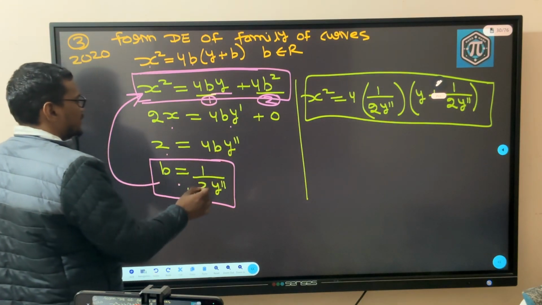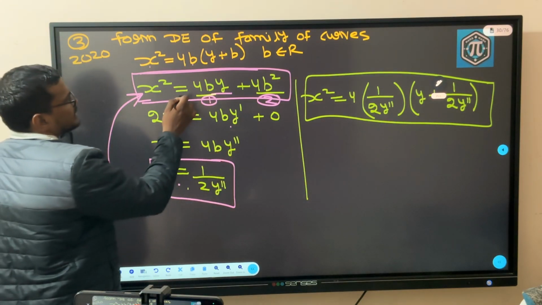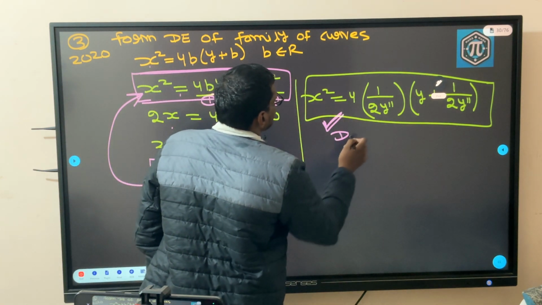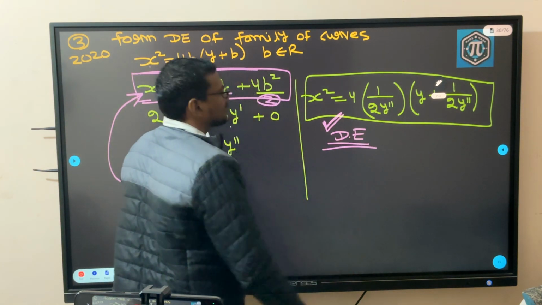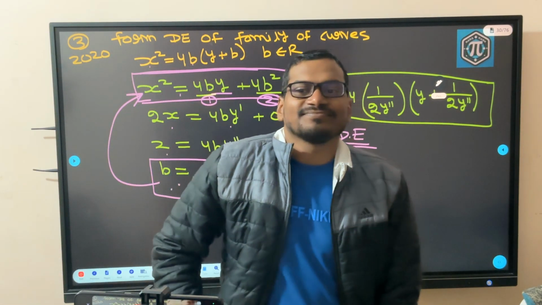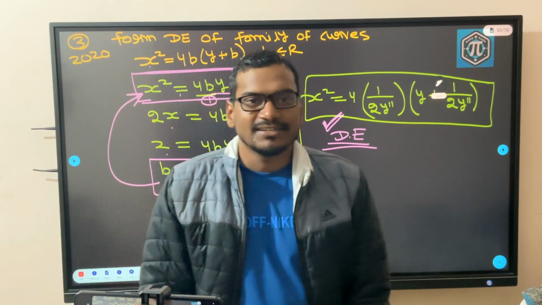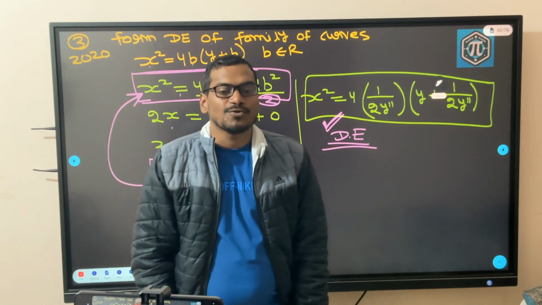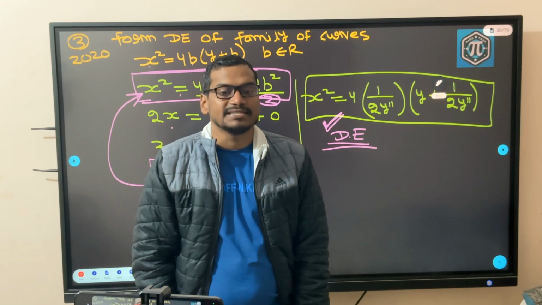So b is 1 by 2 y double dash, that we are going to put here, and after putting we will get this. That's the differential equation, and that's the answer, beta. Clear? Understood? Yes, so this is how they make questions in your Mains examination.